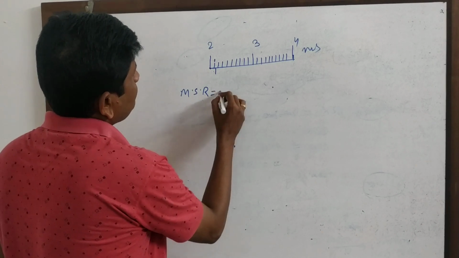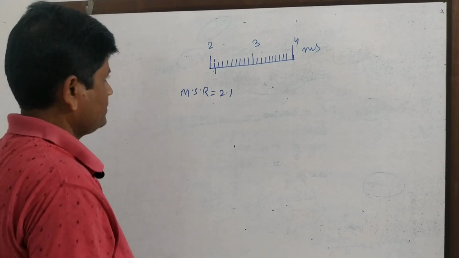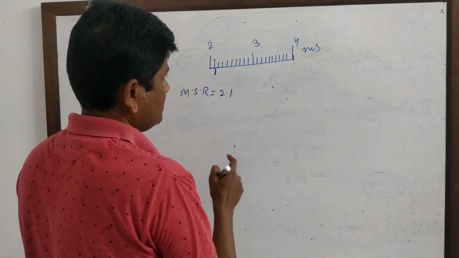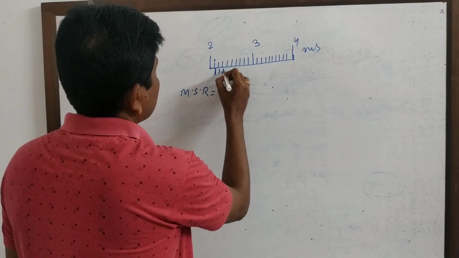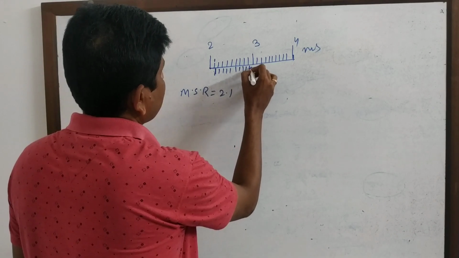is equal to 2.1. Then we count the vernier scale, which has 10 divisions: 1 2 3 4 5 6 7 8 9 and 10.